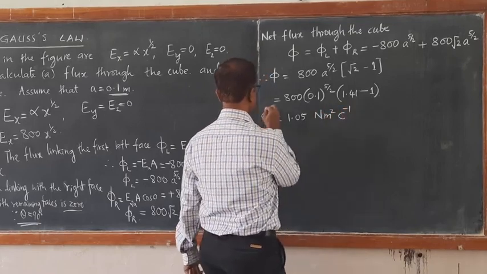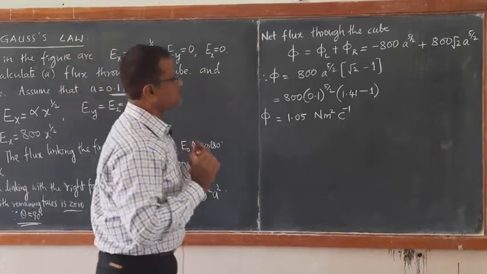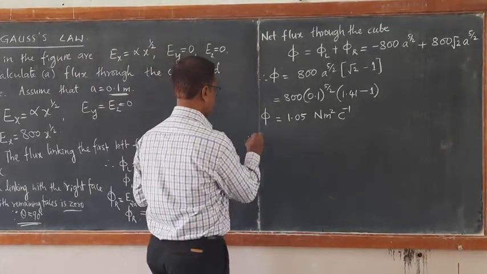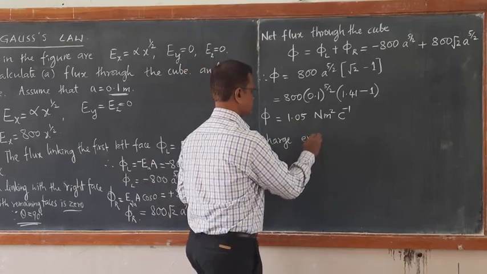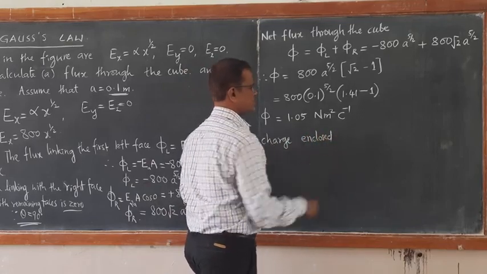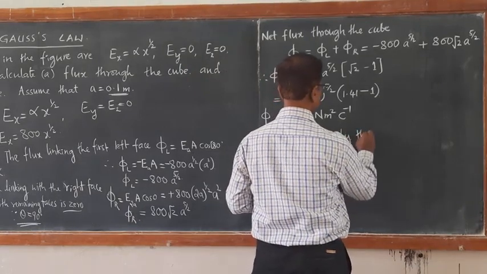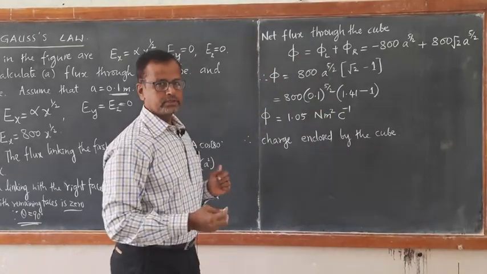This is the total flux linking with the cube. Once you get the total flux linking with the cube, now we can calculate the charge enclosed by the cube using Gauss law.